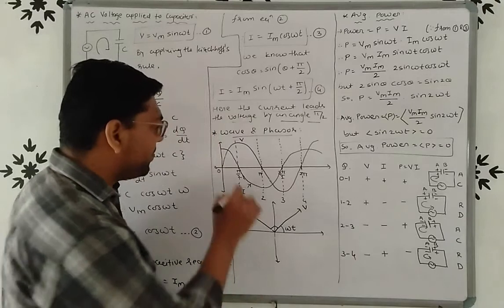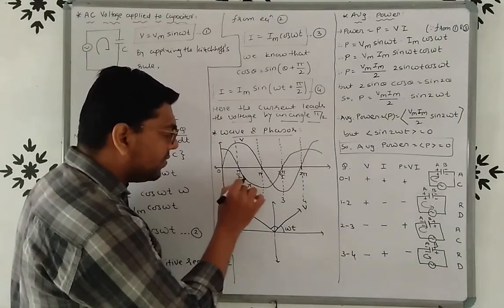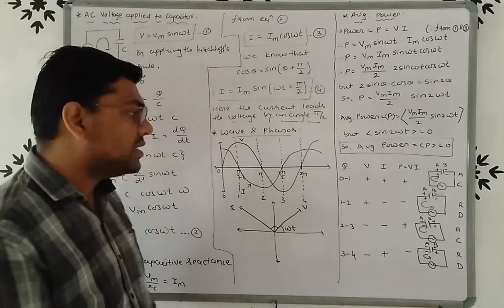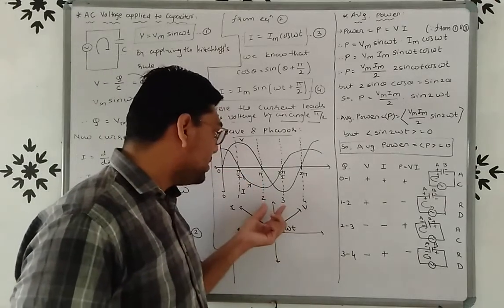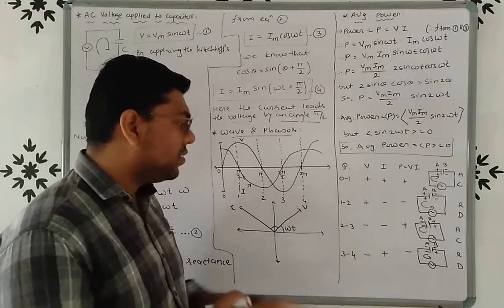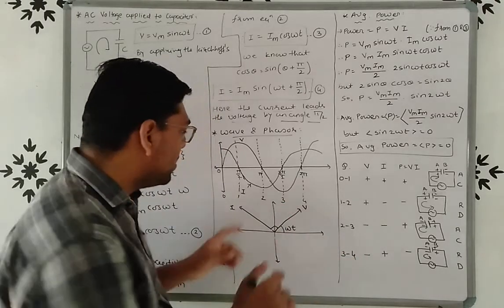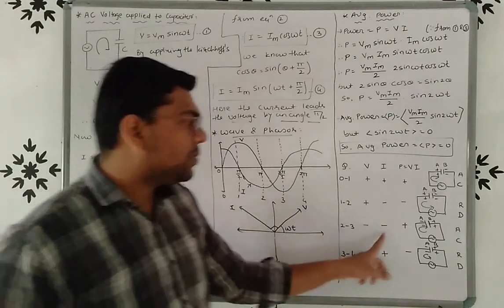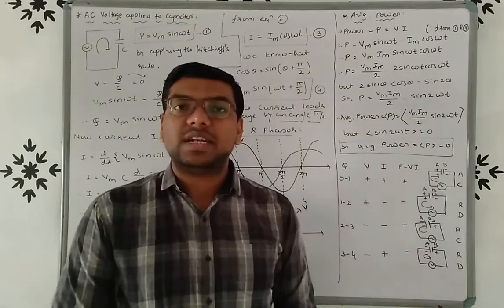Here the polarity and the direction of current change, right? Now for the third quarter, from 2 to 3, both V and I are negative, so the product of V and I is positive.